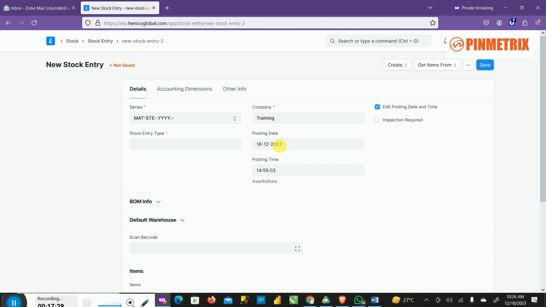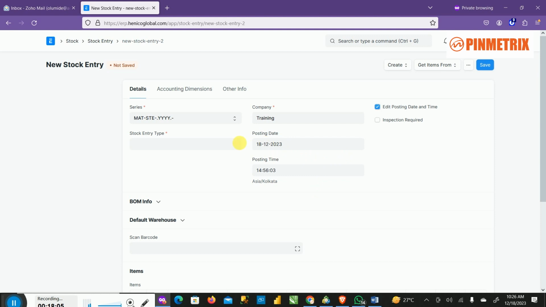If it is today, I may not edit this, but if it is not today, let's say yesterday, 2 days ago, 3 days ago, a week ago, I can edit this and pick the date. Then I can also select the time if I wish to monitor the time when that transaction was actually done.